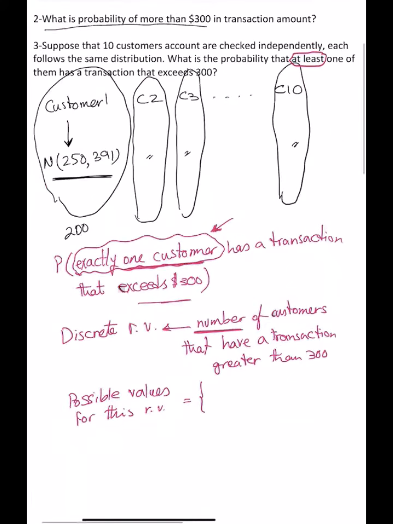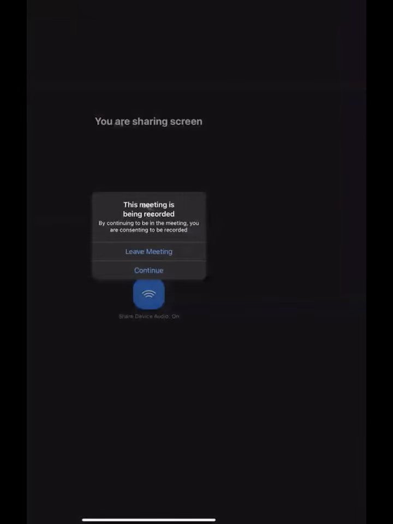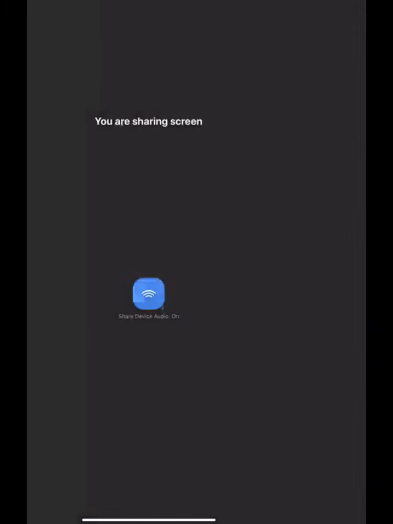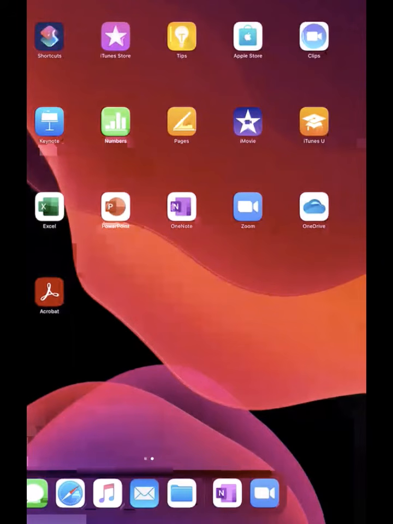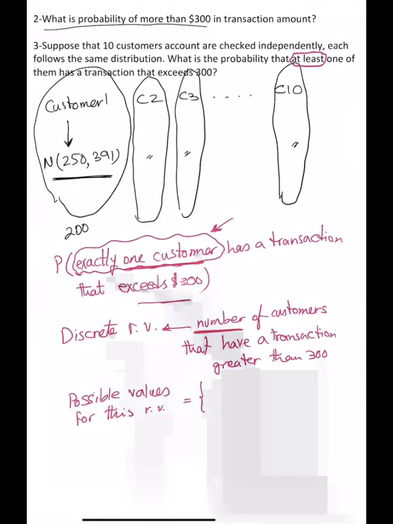We are looking at 10 customers. How many of them can have a transaction that may have a value greater than 300? What are the possible values? All 10, one possibility. Okay, all of them is one possibility.